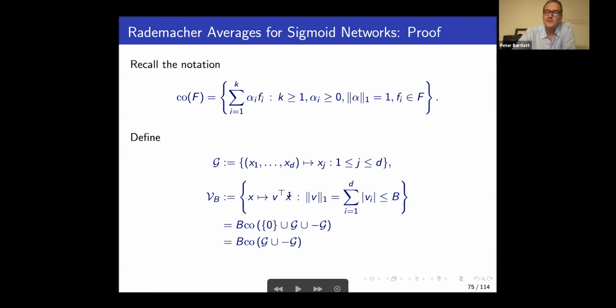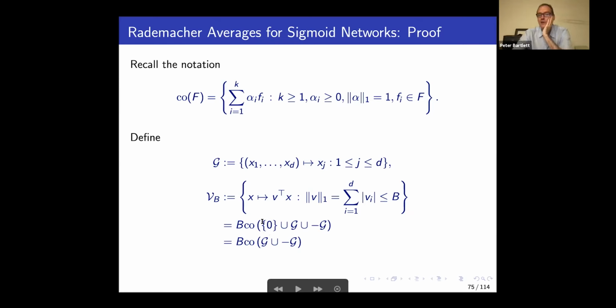Then I'm taking a convex combination of these components of X. Because I put absolute values here, allowing negative values of V, it's actually a convex combination of components of X or negations of components of X. And because I have an inequality here, I'm allowed to take a convex combination of these components or the zero function.